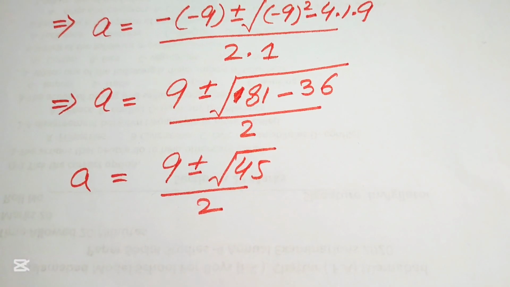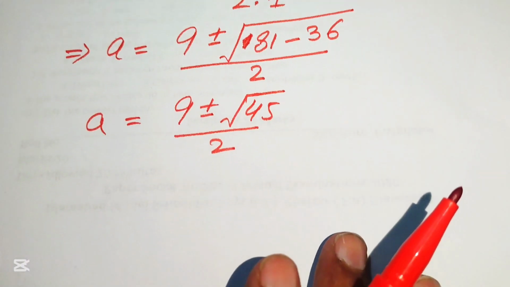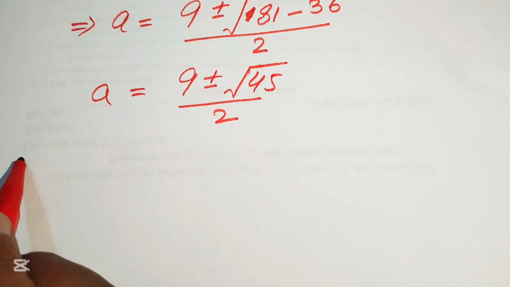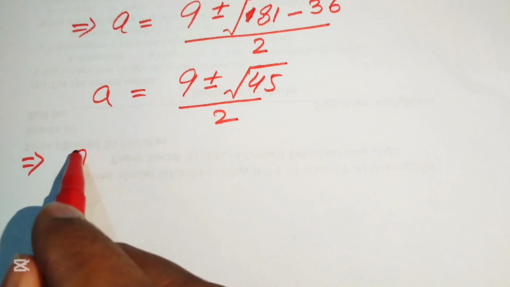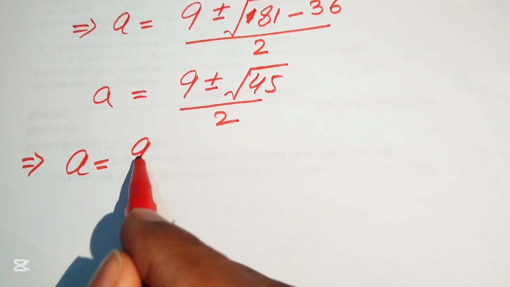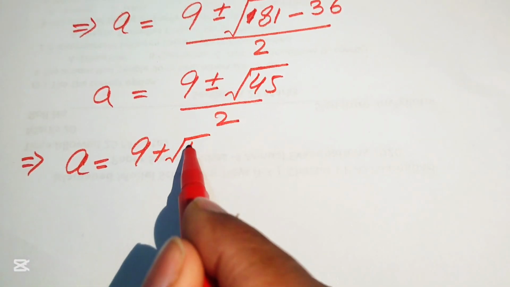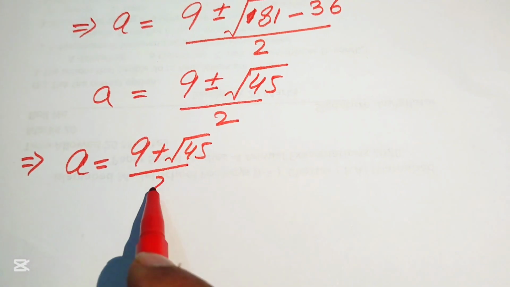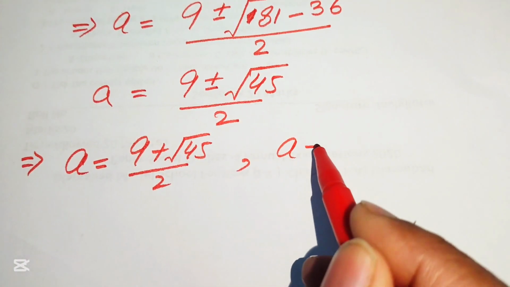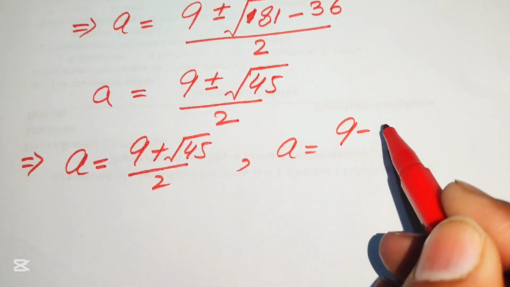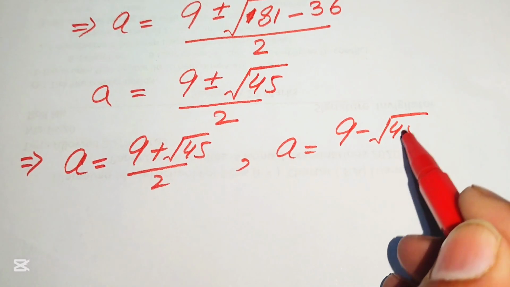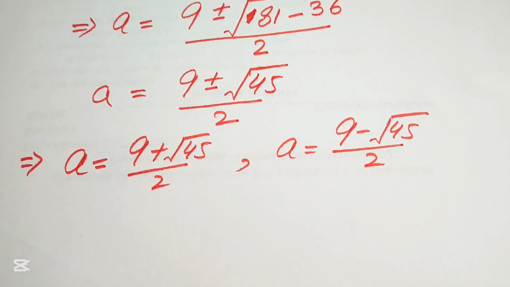So these are the two values of a, and now we write these two values in separate form. First we write the positive value, a equals 9 plus square root of 45 divided by 2, and here we write the negative value, 9 minus square root of 45 divided by 2.